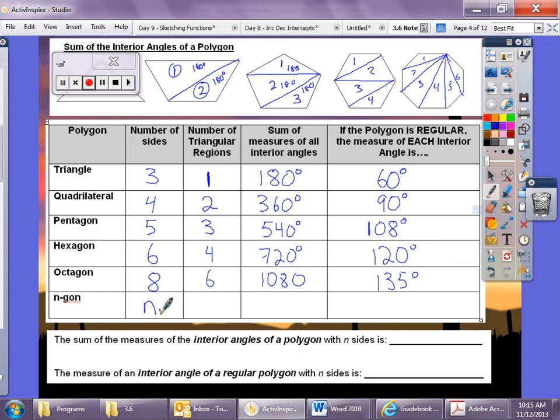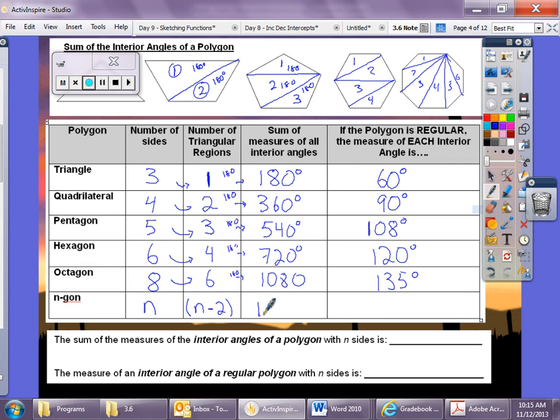Now if you notice, what are we doing to figure out the number of triangular regions? We're subtracting 2, so it's n minus 2. Then we multiply this number by 180: 1 times 180, 2 times 180, 3 times 180, and so on.